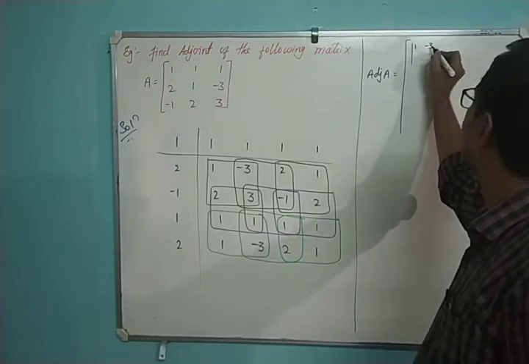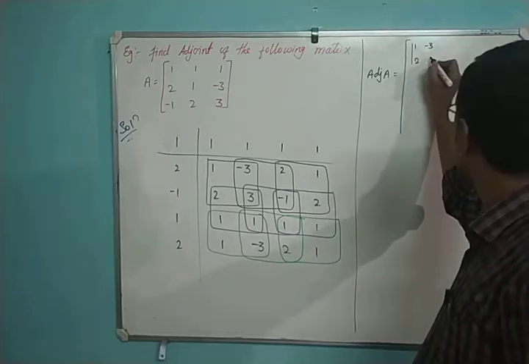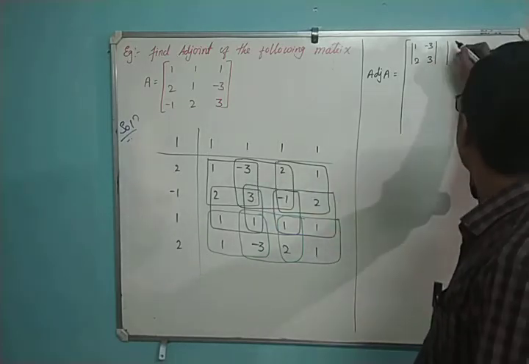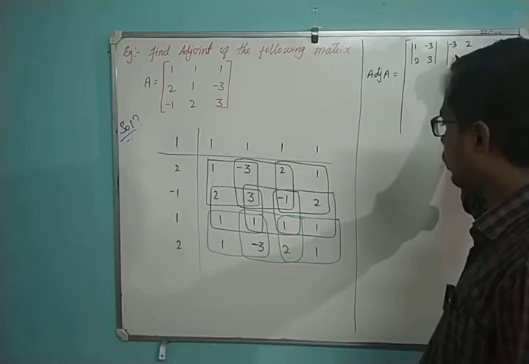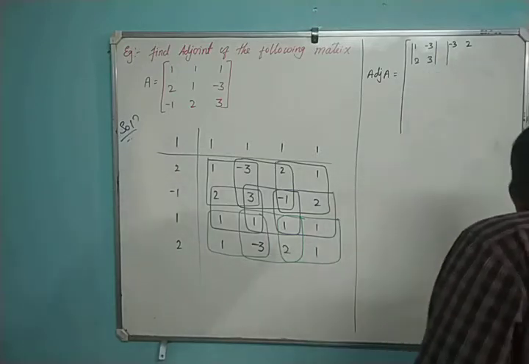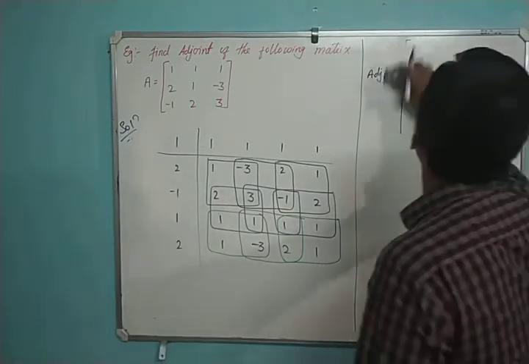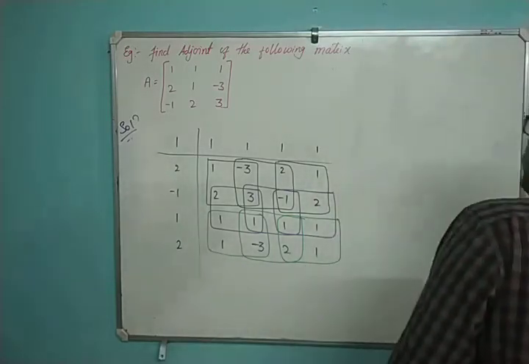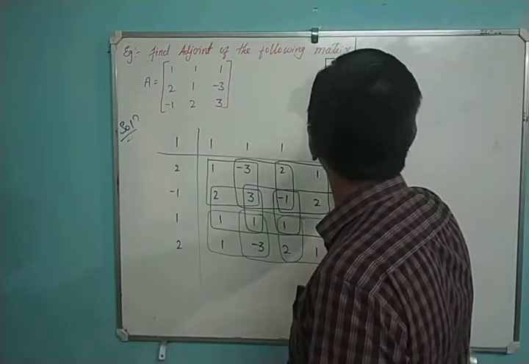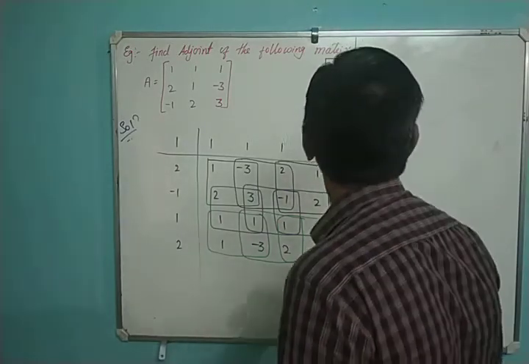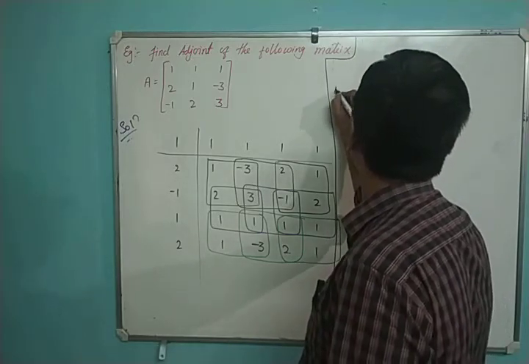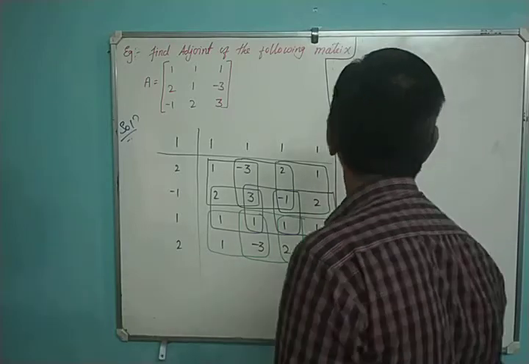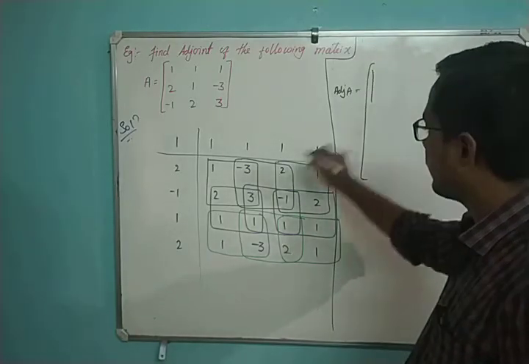1, minus 3, 2, 3. Then here this determinant, that is minus 3, 2. I hope here it's not visible, so let's make it a little bit bigger. Okay, so adjoint of A is equal to, okay, write down first determinant.